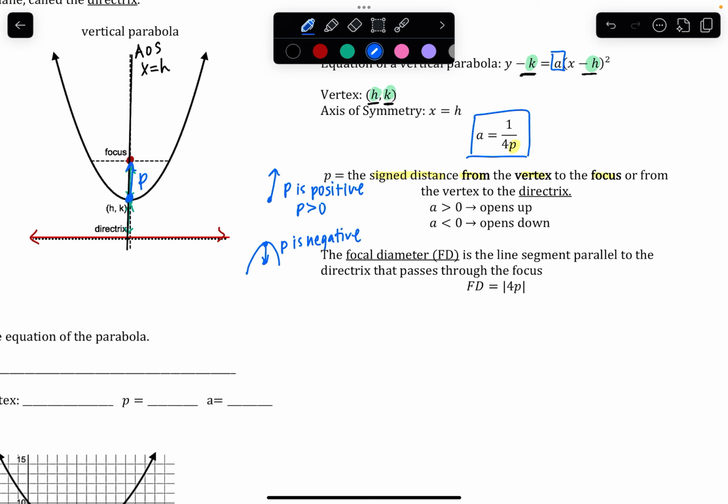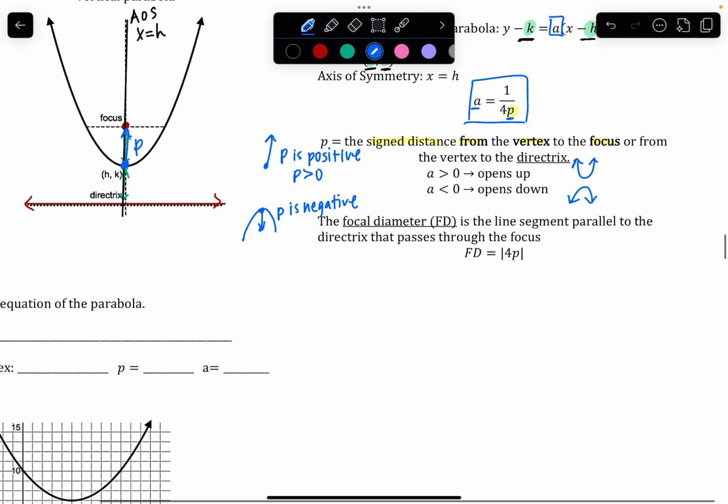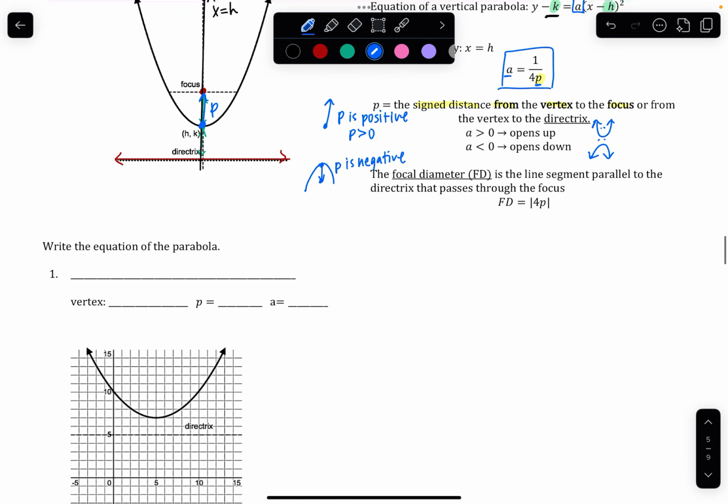And a and p will always have the same sign since a equals 1 over 4p. So if p is negative, a is negative. If your a value is positive, you'll know you're dealing with a parabola that opens up. If it's negative, it's opening down. An easy way to remember that is positive is happy, it's smiling, whereas negative is sad, it's frowning. So negative, sad parabola.